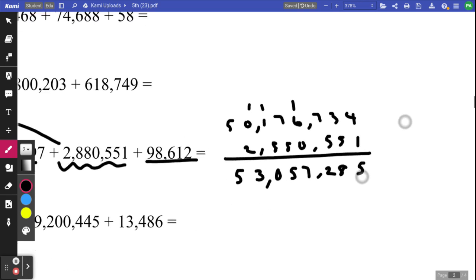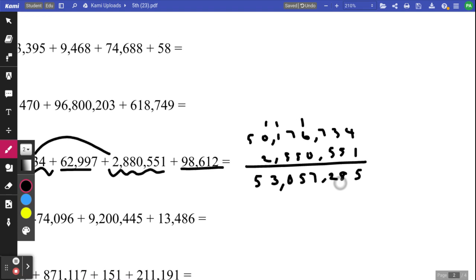Okay, so now we can do two ways. We can add these two and then add it to this, or just add these straight to the 53 million. I think that we should just add it straight to the 53 million. So let's start off with the bigger one, 98,612.